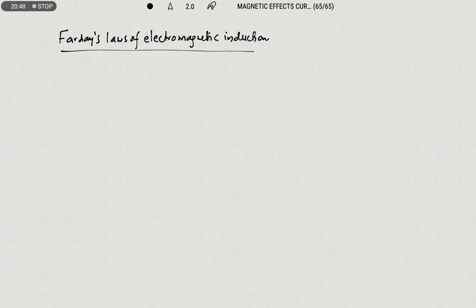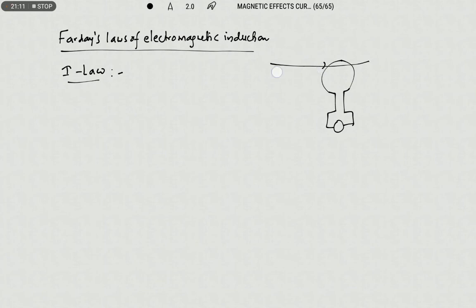Law 1: the first law gives the relation between flux and the current. That means when we change the flux passing through the coil, for suppose I am taking the flux passing through the coil as phi.